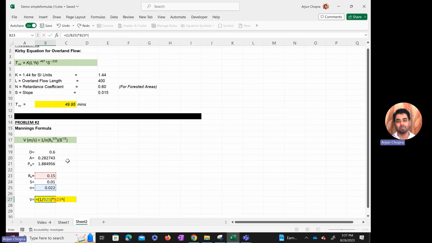But in this case, I must use the bracket to get the correct answer. 2 divided by 3, close the bracket, and then I will multiply it with the s value, which is this one, and then raise to the power again, and start the bracket. 1 divided by 2 and close the bracket, and that's going to give me the final answer for this one.